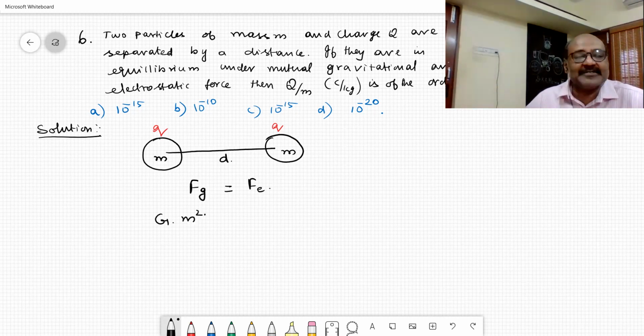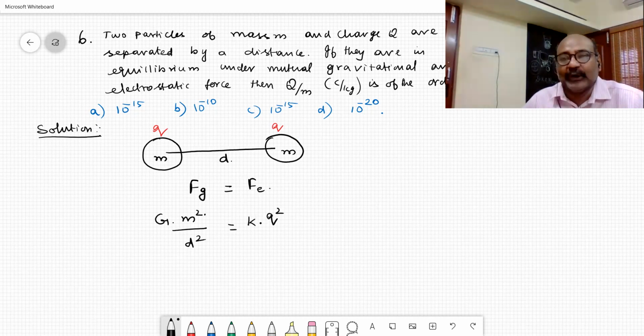So I will be getting m square divided by square of the distance d square, which is equal to the electrostatic force. If I am stating the electrostatic force, then I am using the constant k, 1 divided by 4 pi epsilon 0, into the product of the charges q1 into q2, both of value q. So q square divided by d square.